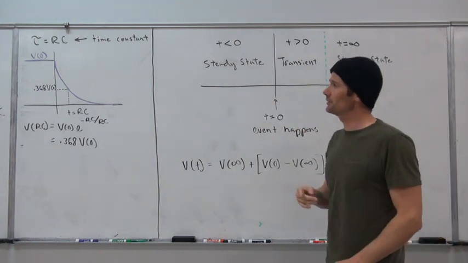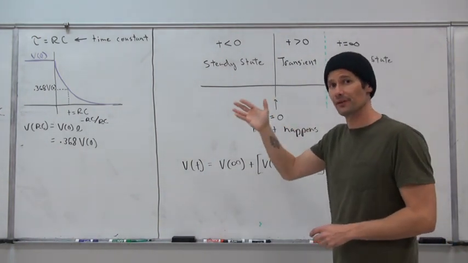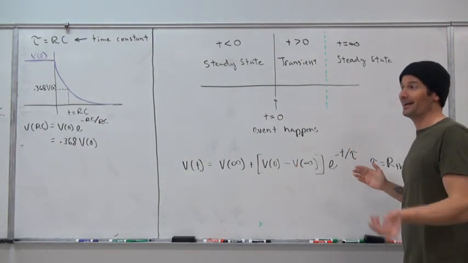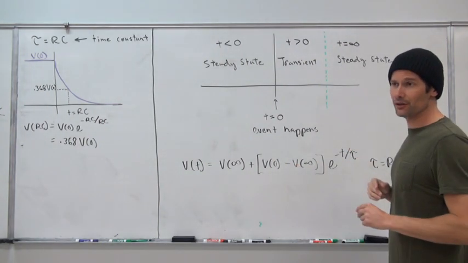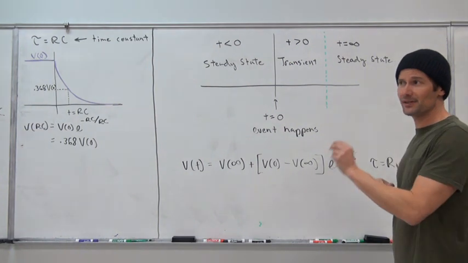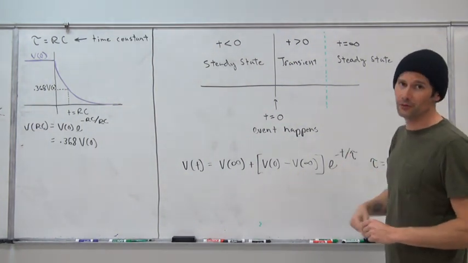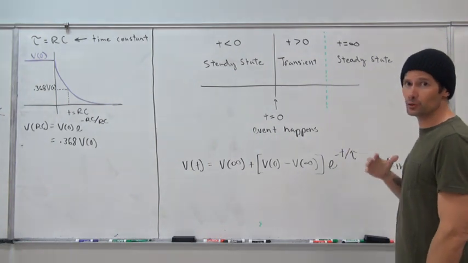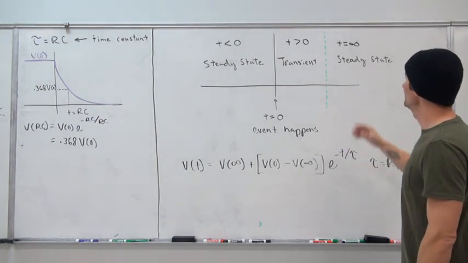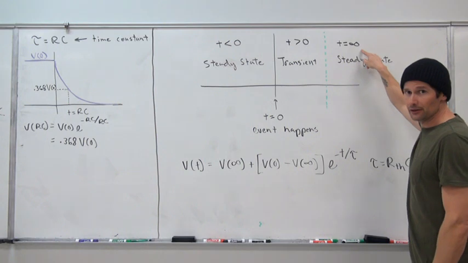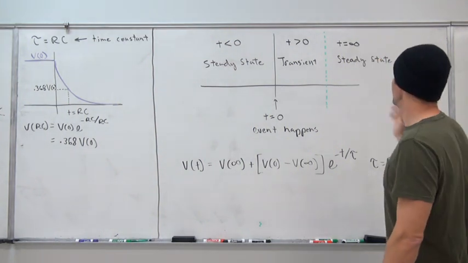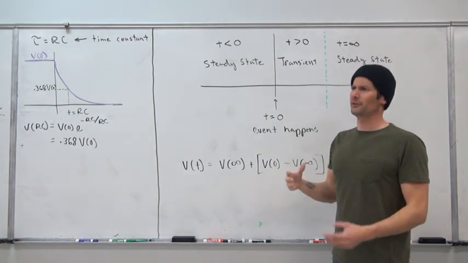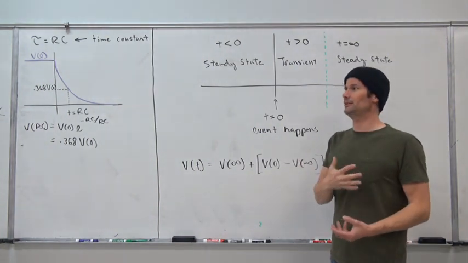In the case of the source-free RC circuit we just looked at, that steady state is in fact 0. For other cases, such as when we charge that capacitor for the flash, the steady state before we press that button all the way down gave us a full value of voltage across the capacitor. And we say t equals infinity here as a model. A student asked me years ago, when we say t equals infinity, do we actually mean the end of time?